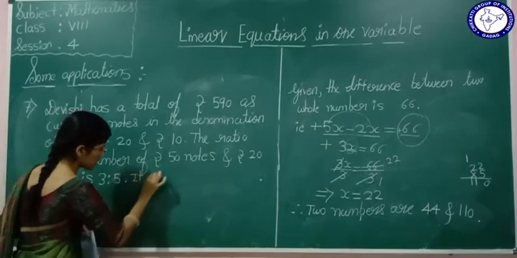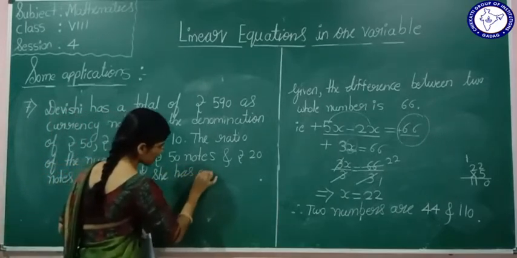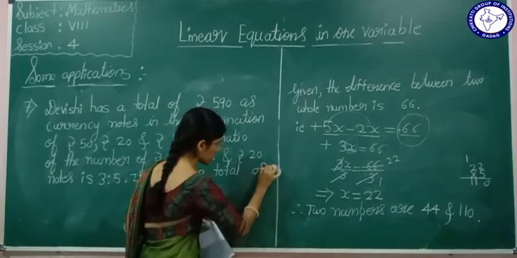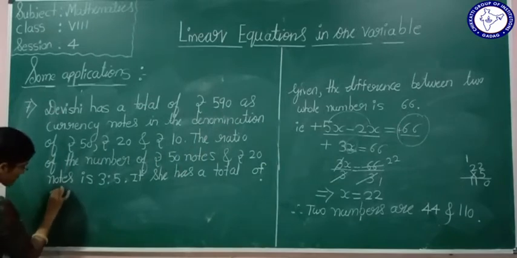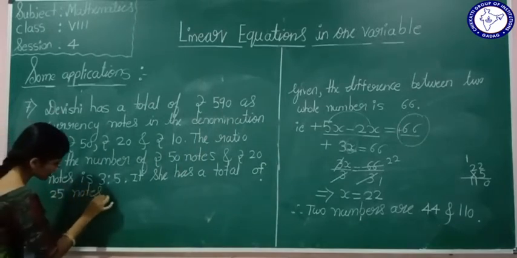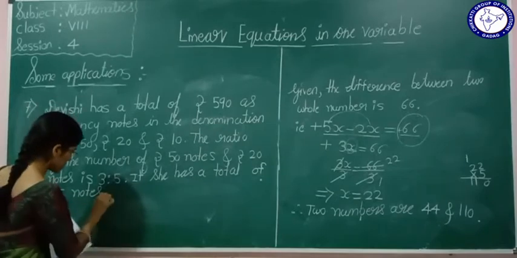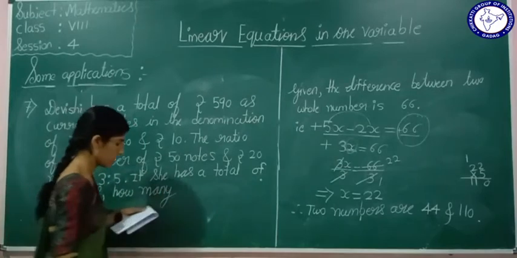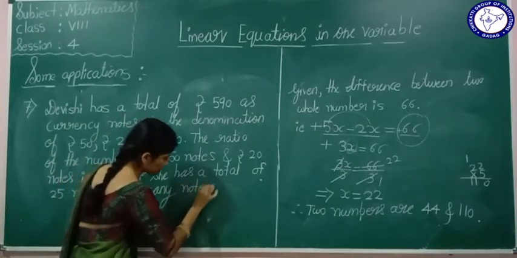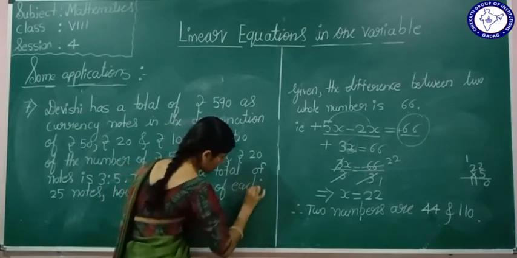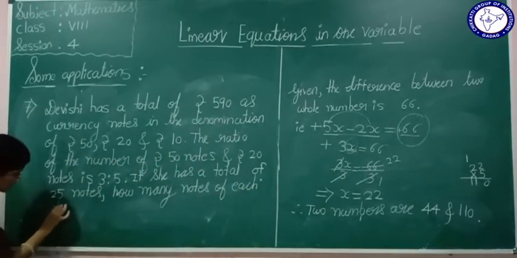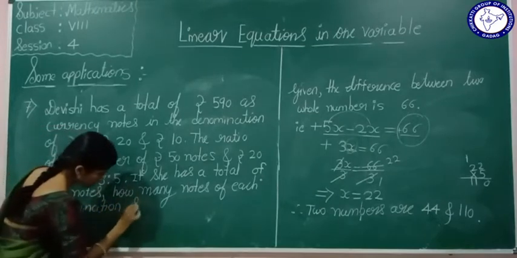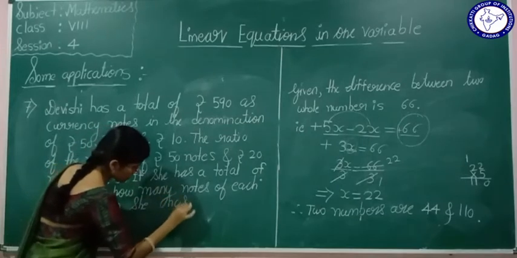If she has a total of 25 notes, how many notes of each denomination does she have?